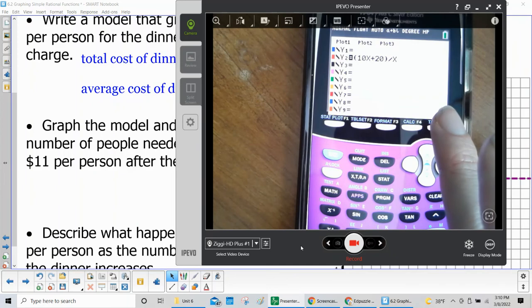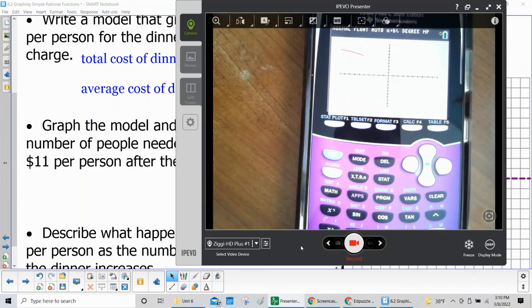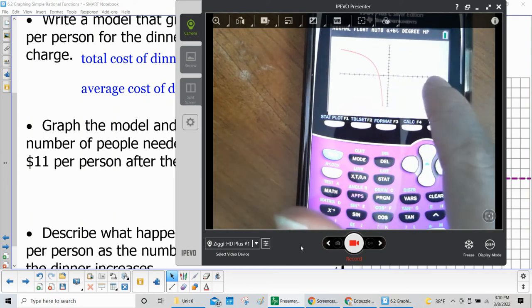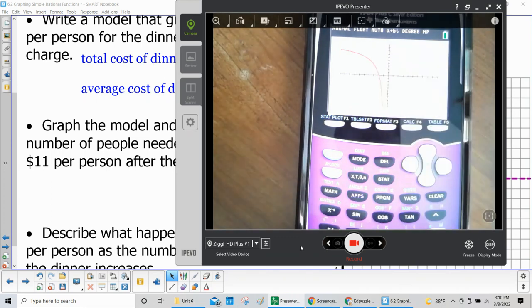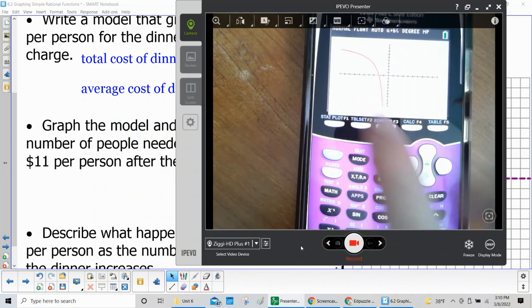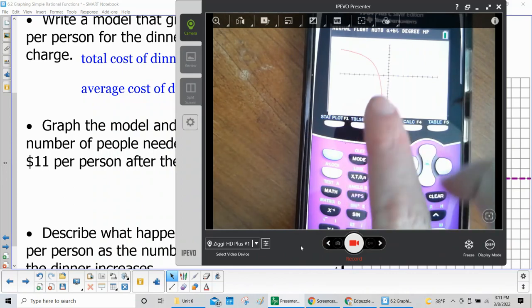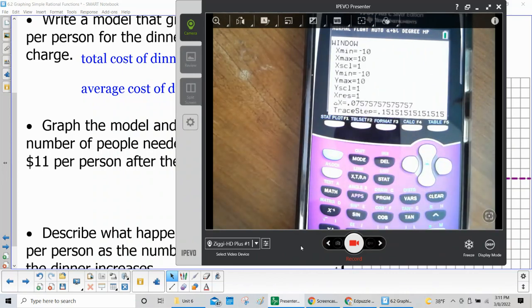So if I look at my graph, I've got this hyperbola on the left, that branch on the left, and then I don't really see anything on the right. And that's because this graph is going from -10 to 10. So we said that it's not going to go any lower than $10, so we need to change our window. So I'm going to hit the little button here that says window next to that table set.